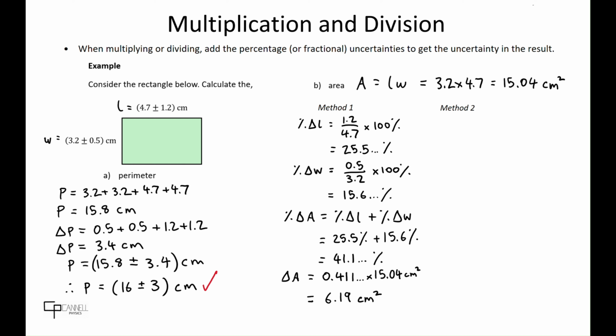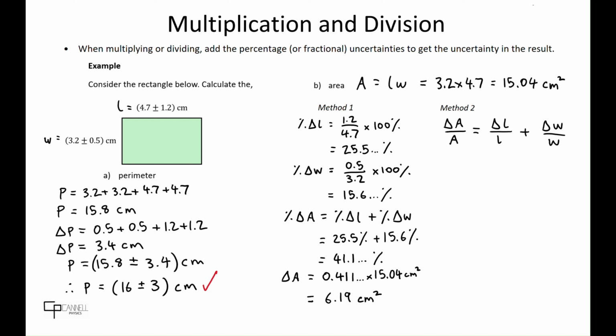Now, before writing the final answer, I just want to show you another way to get this uncertainty, 6.19 square centimeters, but we're going to add the fractional or relative uncertainties. Now, keeping in mind this is pretty much the same thing as adding the percentage uncertainties in method 1, it's just that I'm not using that 100% in each step because it actually ends up cancelling out anyway. So the relative uncertainty in area equals the relative uncertainty in length plus the relative uncertainty in width.